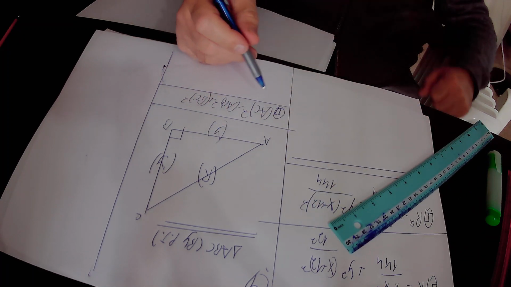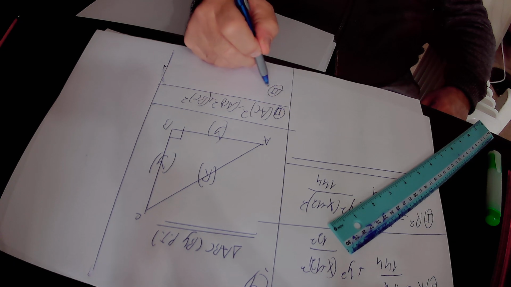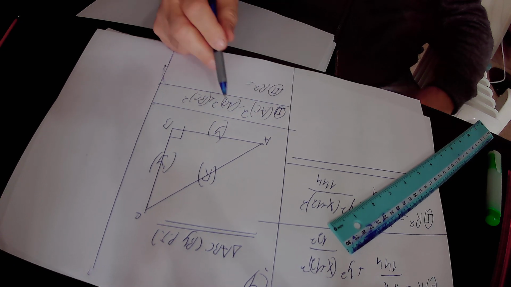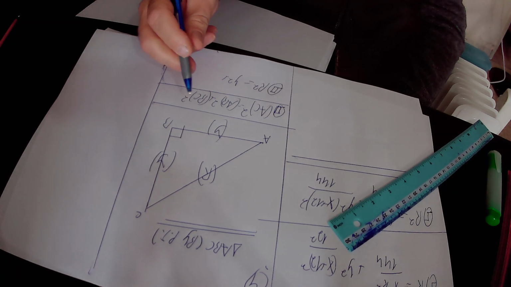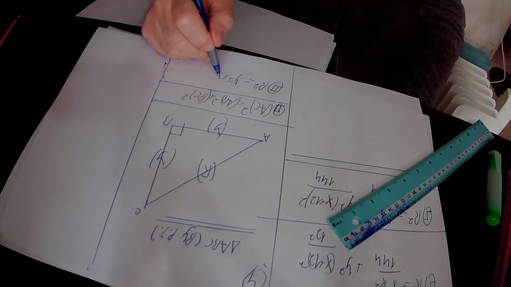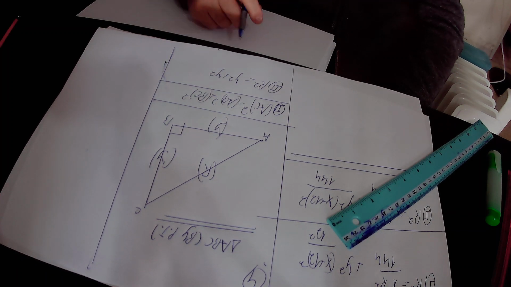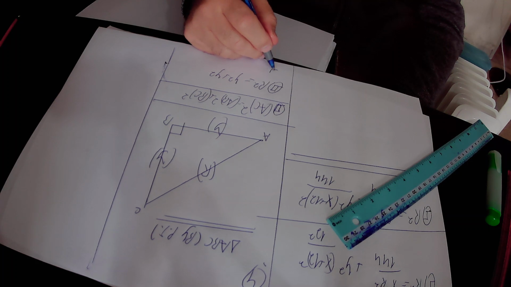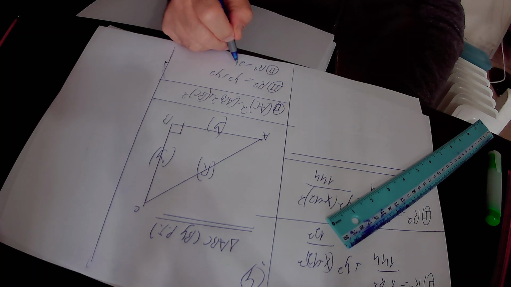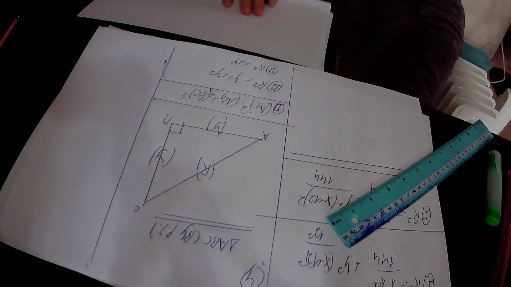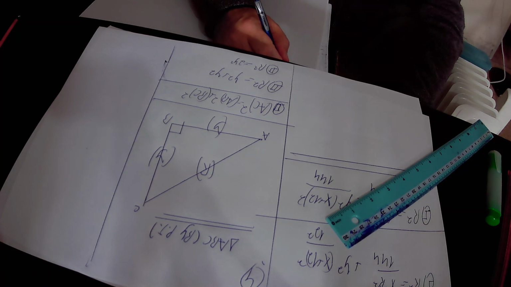AC is R, therefore AC square is R square. AB is y, therefore AB square is y square, plus BC square. BC is also y, therefore BC square is y square. So according to equation 2, R square equals y square plus y square, which is 2y square.